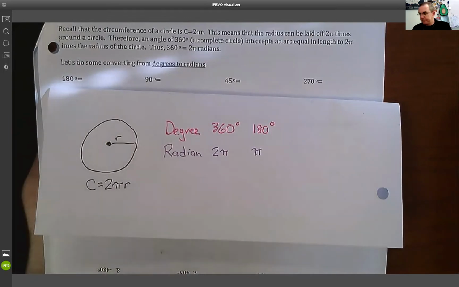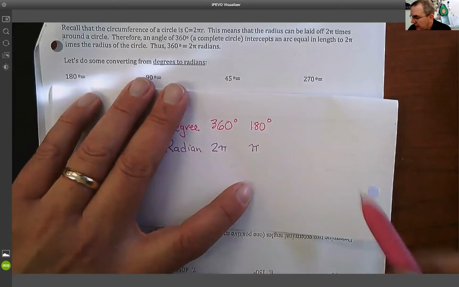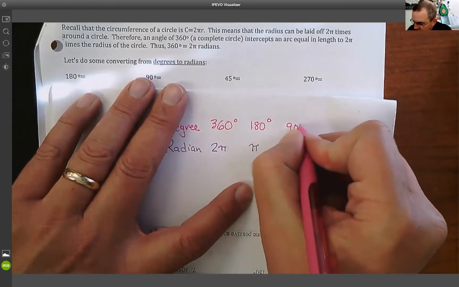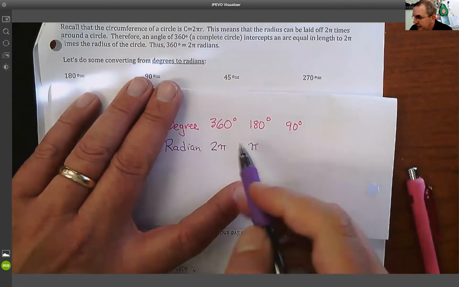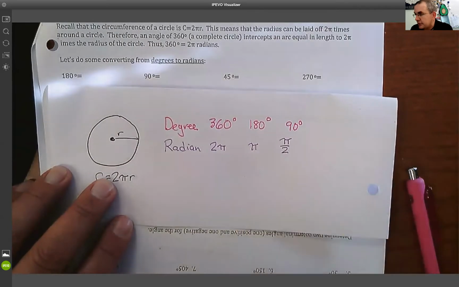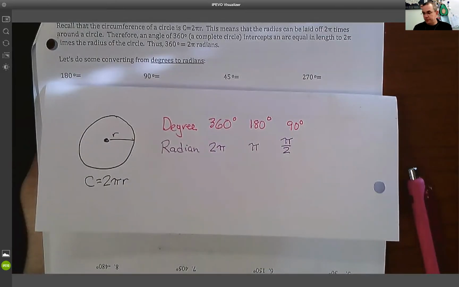And let's say we cut this in half again. We're going to make this a 90 degree angle. If I'm cutting this 180 in half to 90, I'm going to cut the pi in half, and the pi is going to become pi over 2. So 90 degrees, a right angle, is pi over 2 radians.